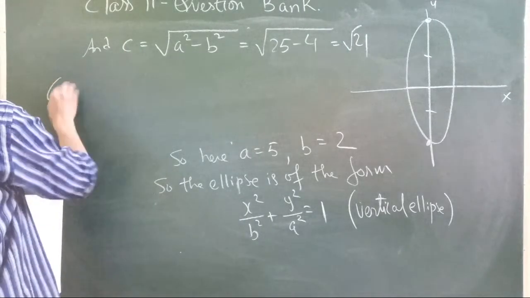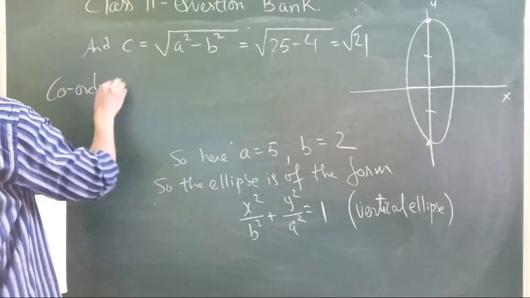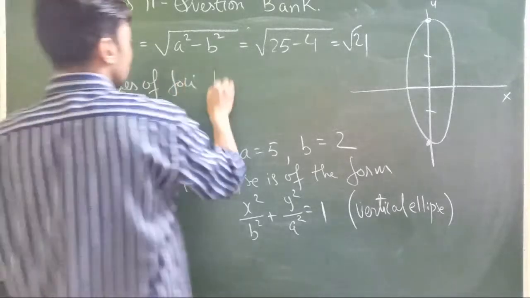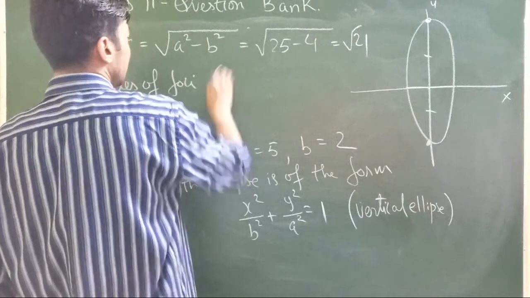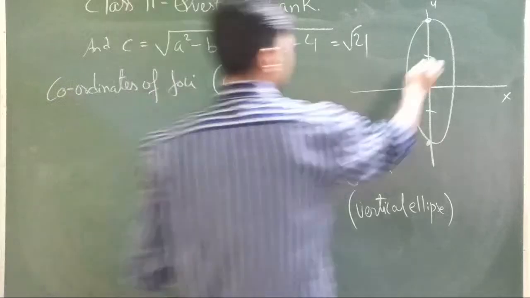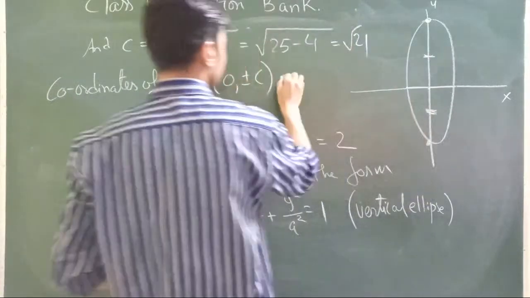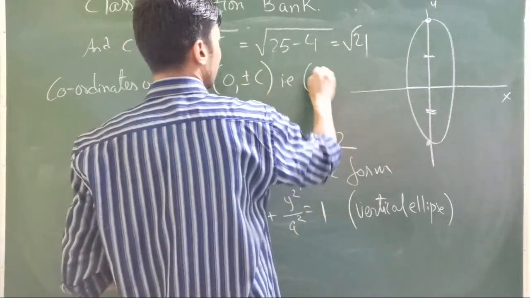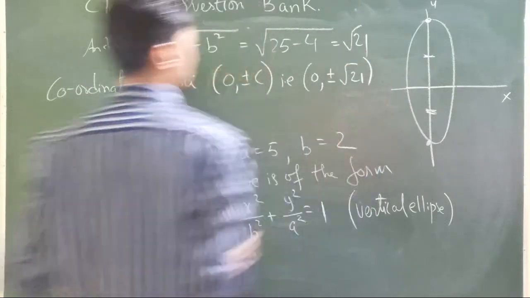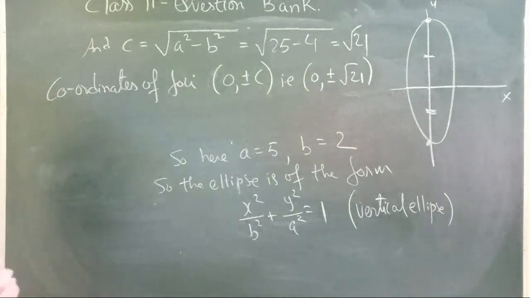The coordinates of the foci are 0, plus minus c, because the focus now will lie on the y-axis. So that is 0, plus minus root over 21. That's the coordinates of the foci.